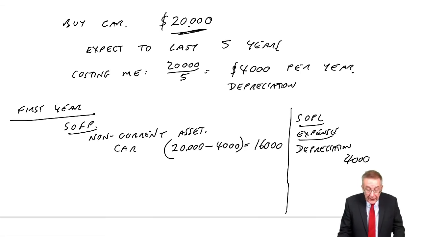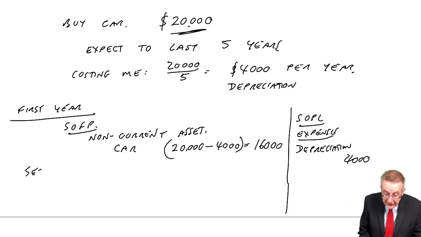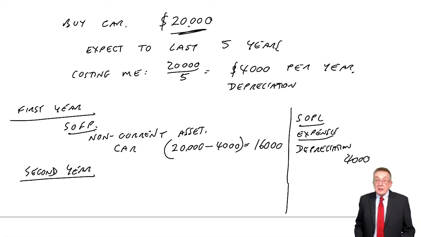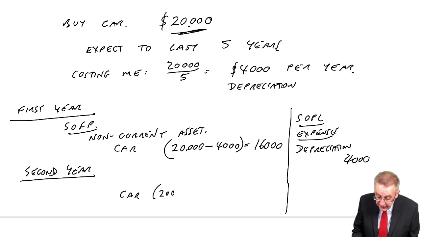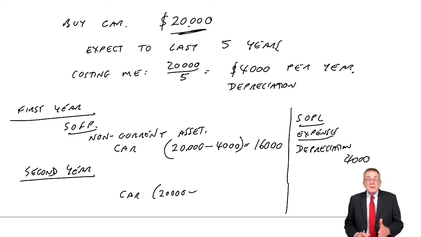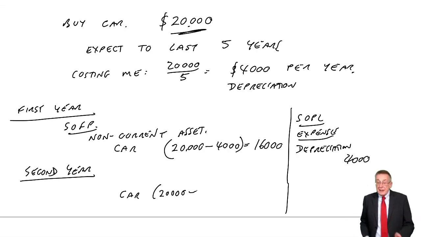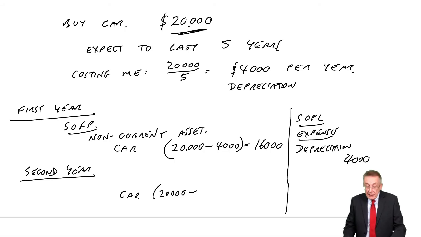And assuming I've still got the car, then at the end of the second year, statement of financial position, non-current asset, fine, we've still got the car. But again, although it originally cost me 20,000, I'll say, well, we've now used it for 2 years. It's costing 4,000 a year.